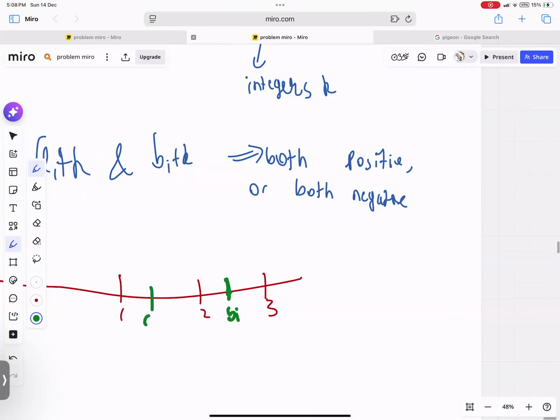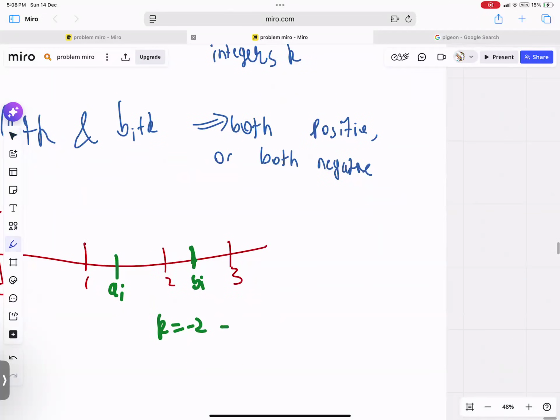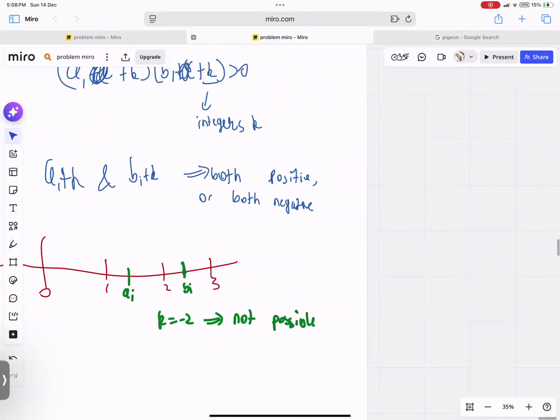BI is here and AI is here. What happens? Use K is equal to -2, and then it's false. K is equal to -2 is not possible, as it violates this.